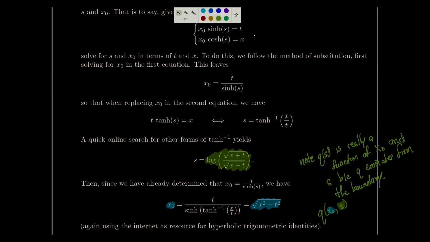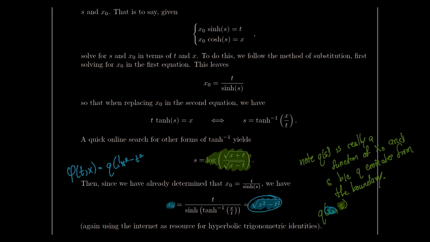And so what I can do to finish this off is rewrite phi of t and x as q of x naught, but x naught is here, root x squared minus t squared. And what is s? s is right here, log root x plus t over root x minus t.